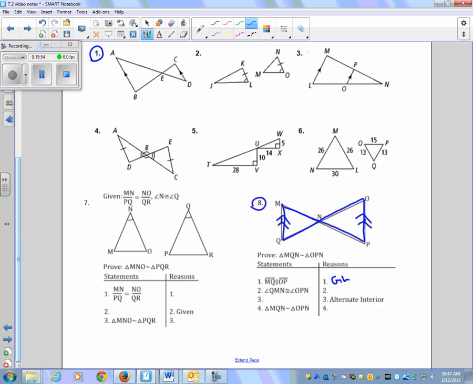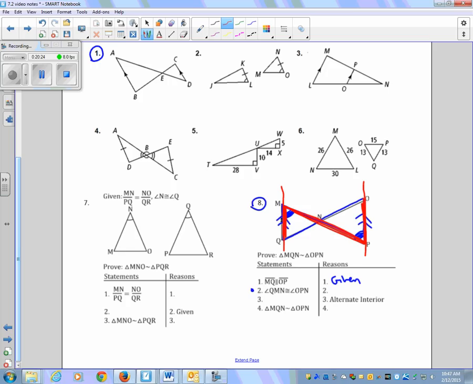Looks like my given got cut off here, but lines are parallel, which lets us say that angle QMN, that's this one, is congruent to OPN. Well, these lines are parallel. Look at the Z, right? Those angles form a Z. What kind of angles are those?